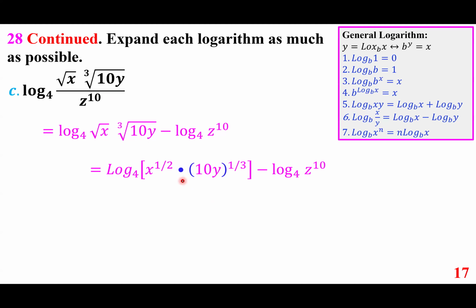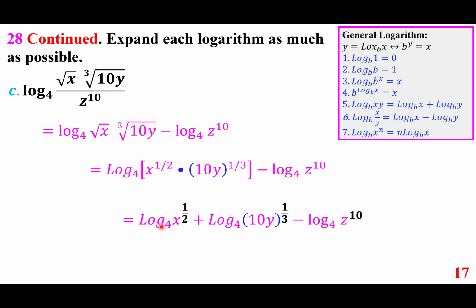And there is a reason, on purpose, I want to put a raised dot in between just to mention that is going to use number 5, the product rule, to be separated into two pieces. Log base 4 of this one plus log base 4 of the second piece. And we're not going to touch the last piece yet.